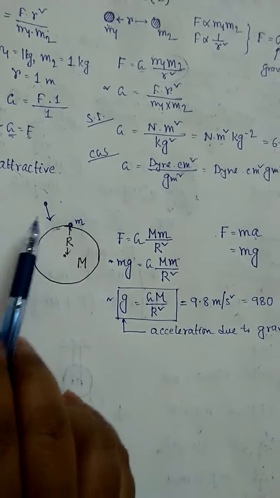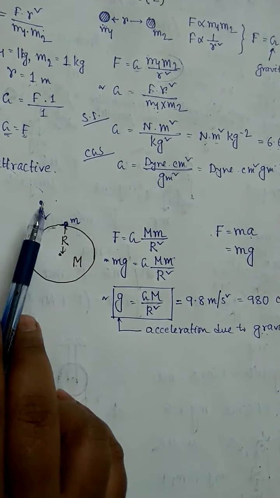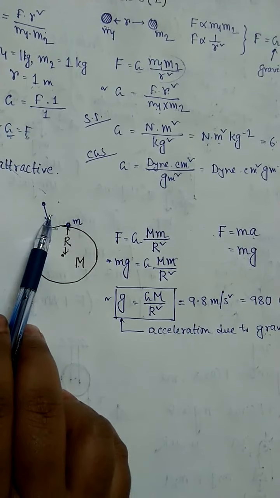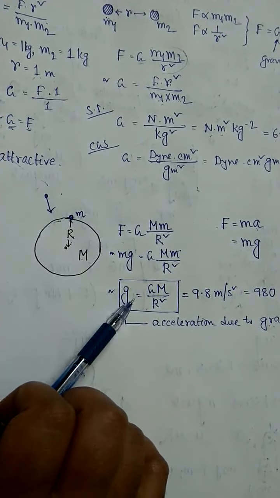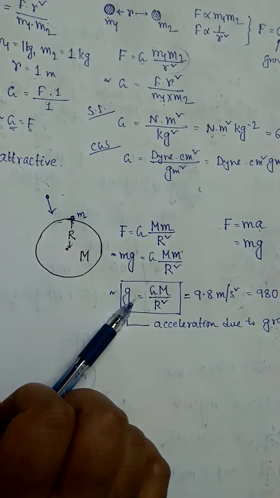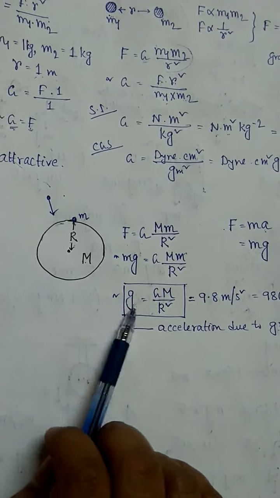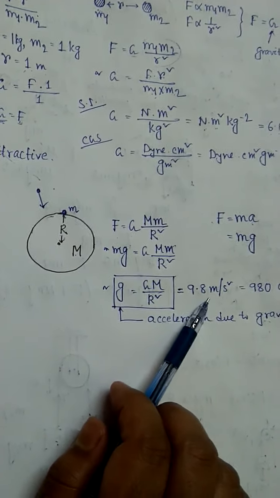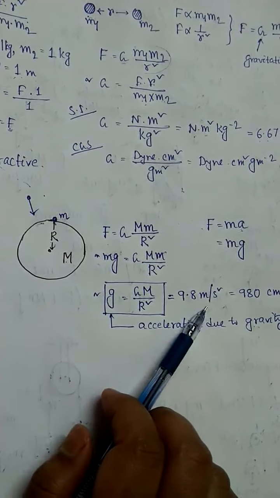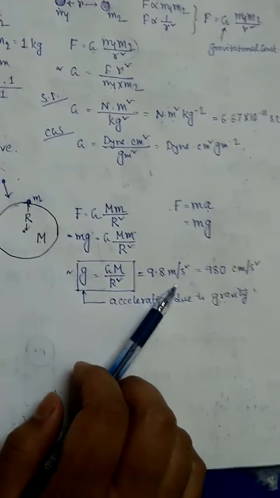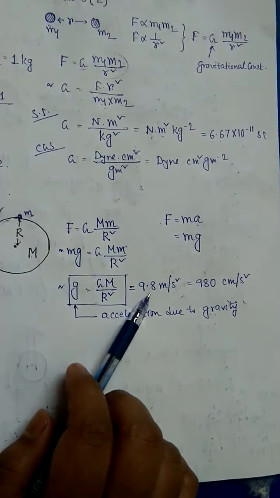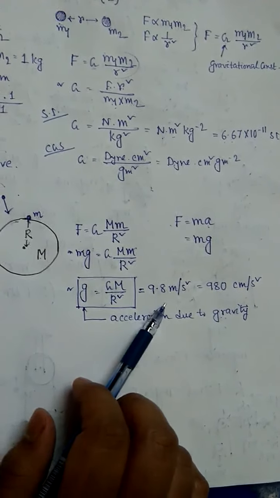So the rate of increase of speed of a free falling body is known as the acceleration due to gravity. Is it okay? And g equals GM by r square, and its value is 9.8 meter per second square. Of course, one question came into your mind: sir, can I write 10 meter per second square?